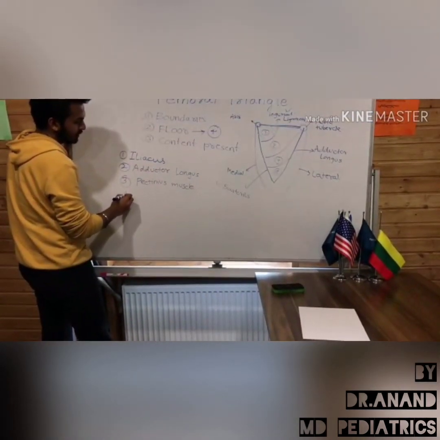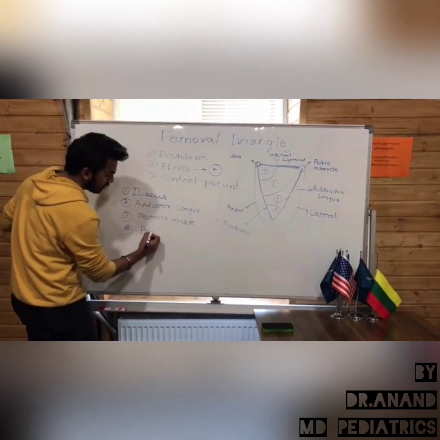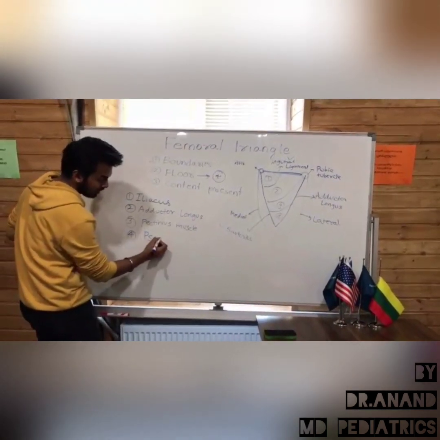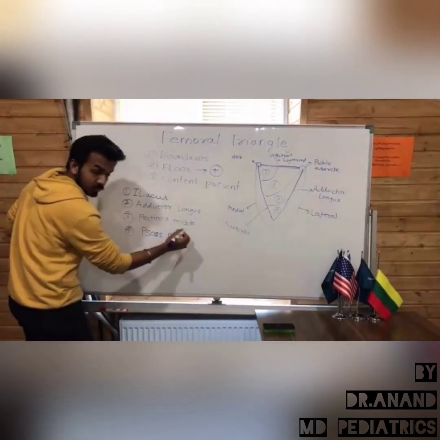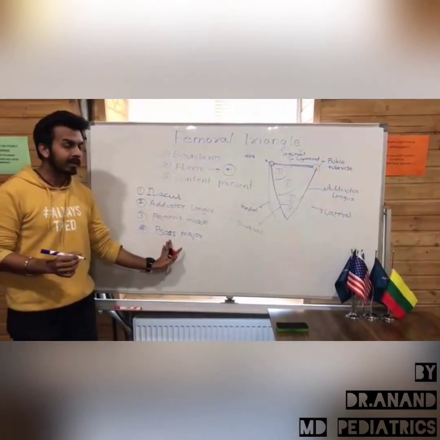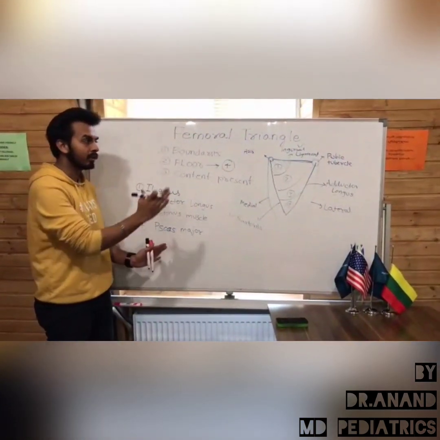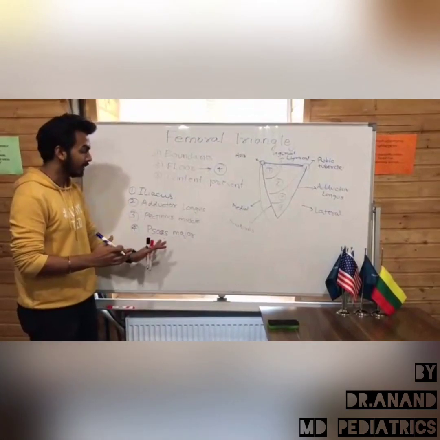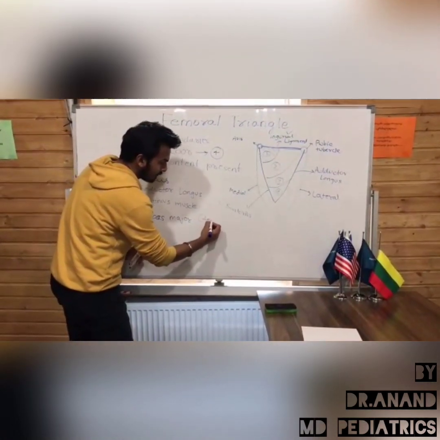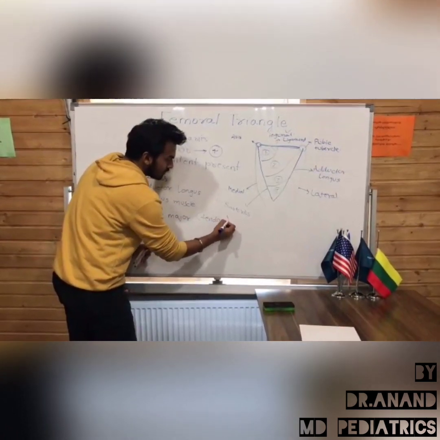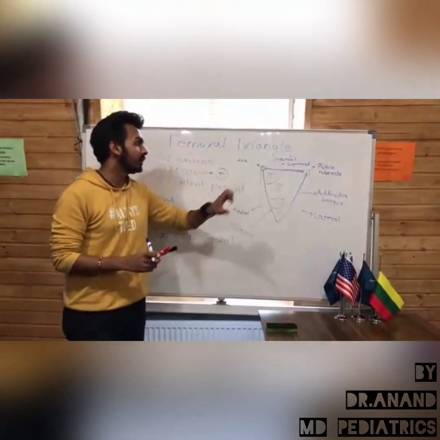And the fourth muscle is the psoas major. Actually the tendon of the psoas major is present here, not the muscle, and it is the psoas major tendon which is making the floor of the femoral triangle. So these are the four muscles which are making the floor of the femoral triangle.